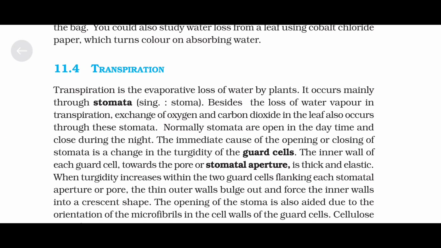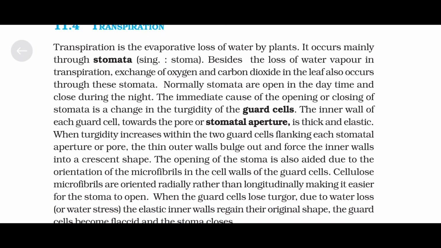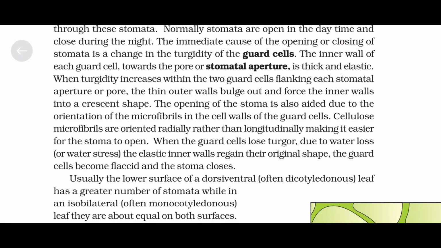The inner wall of each guard cell towards the pore of the stomatal aperture is thick and elastic. When turgidity increases within the two guard cells flanking each stomatal aperture or pore, the thin outer walls bulge out and force the inner walls into a crescent shape. The opening of the stoma is also aided by the orientation of the microfibrils in the cell walls of the guard cells.